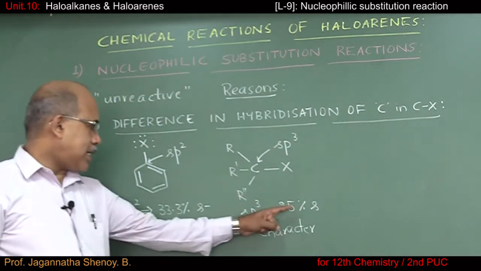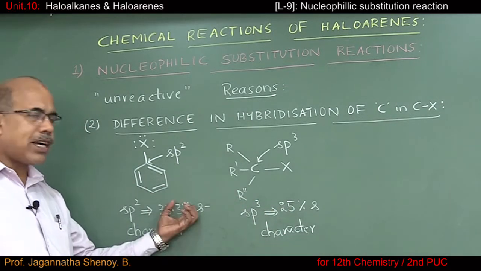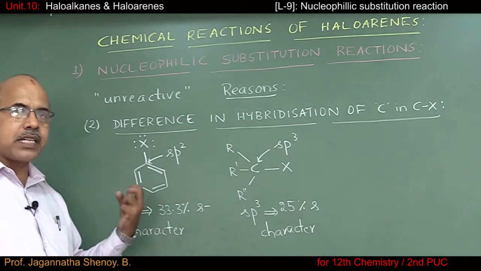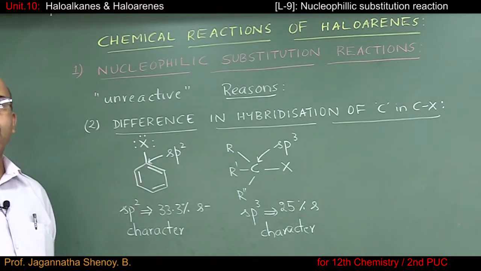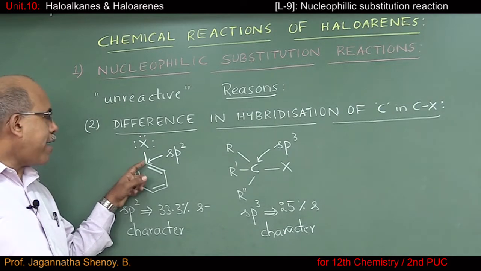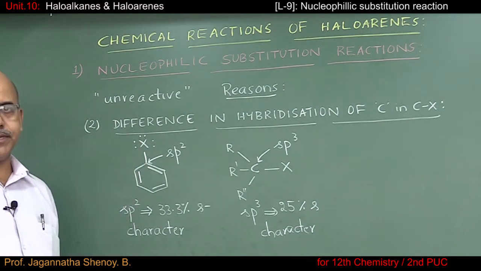You know, as the s character increases, the electrons lie closer to the nucleus and they experience greater inward pull. Or in other words, carbon atom having higher s character is more electronegative.